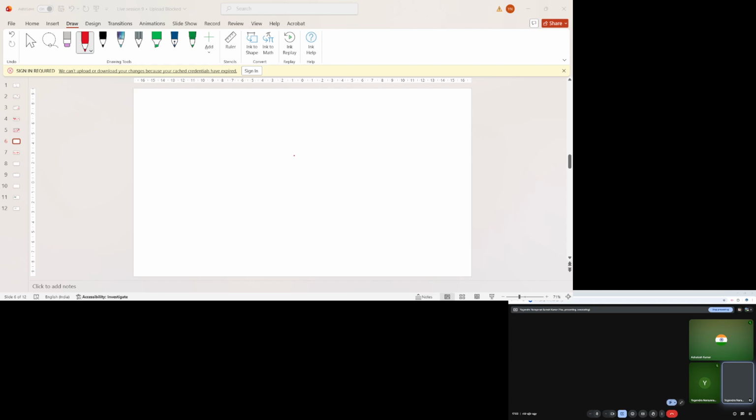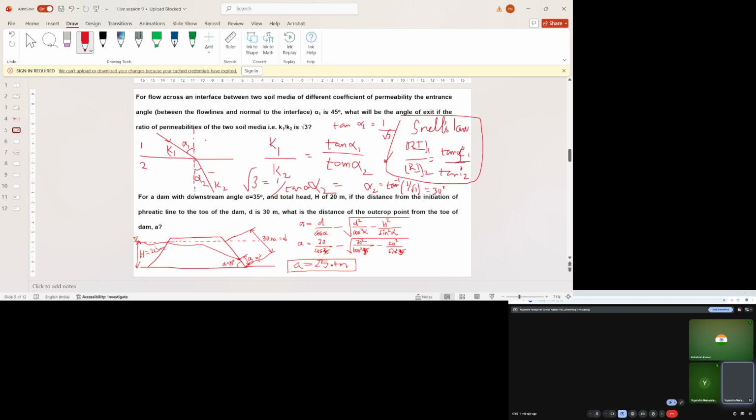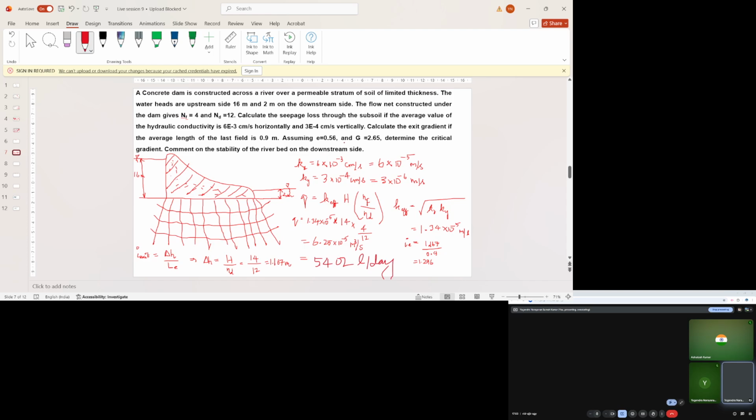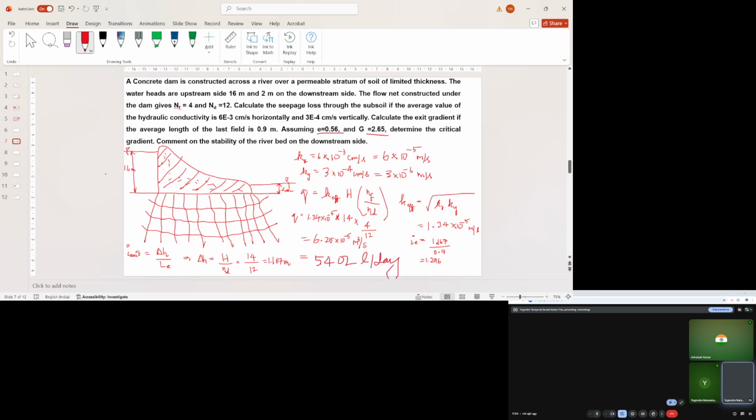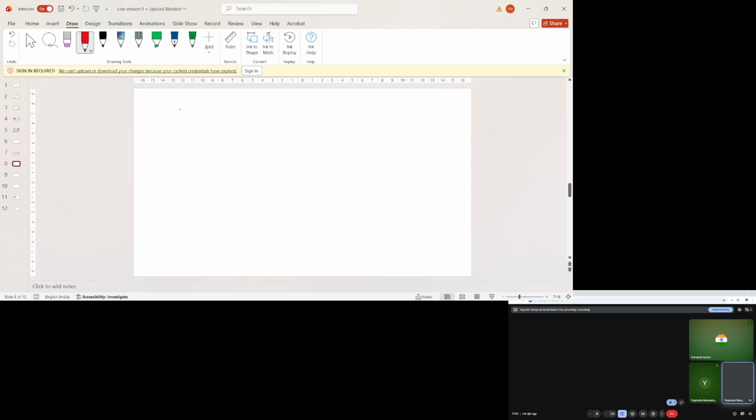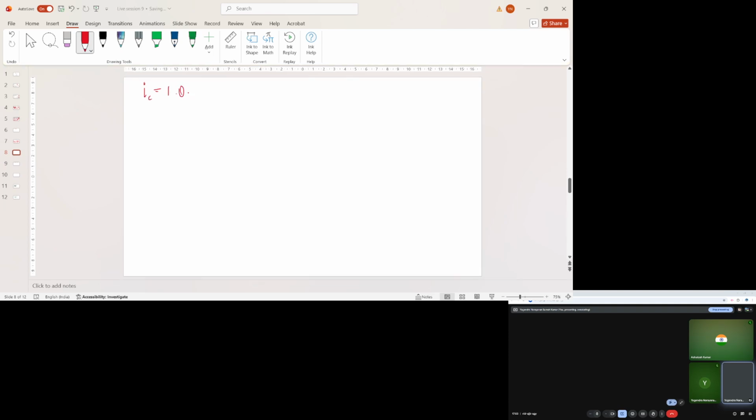How much are you getting? What is the e value in the question? 0.56 and G is 2.65. IC is 1.057.